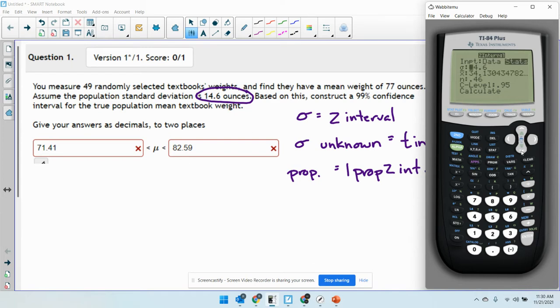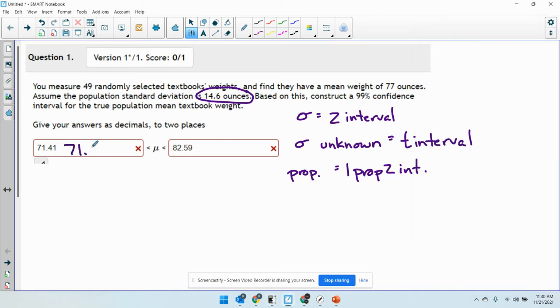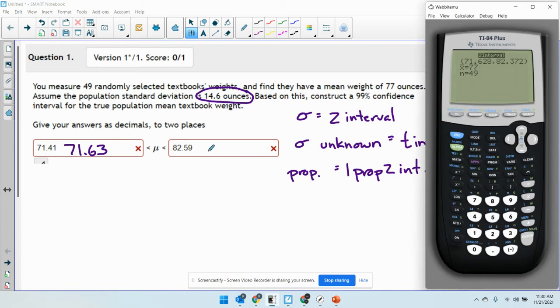Here the sigma is 14.6. Our sample mean is 77. Size of our sample is 49. And we want a 99% confidence interval. So we'll hit calculate. And we get from 71.628, so 71.63, up to 82.37.